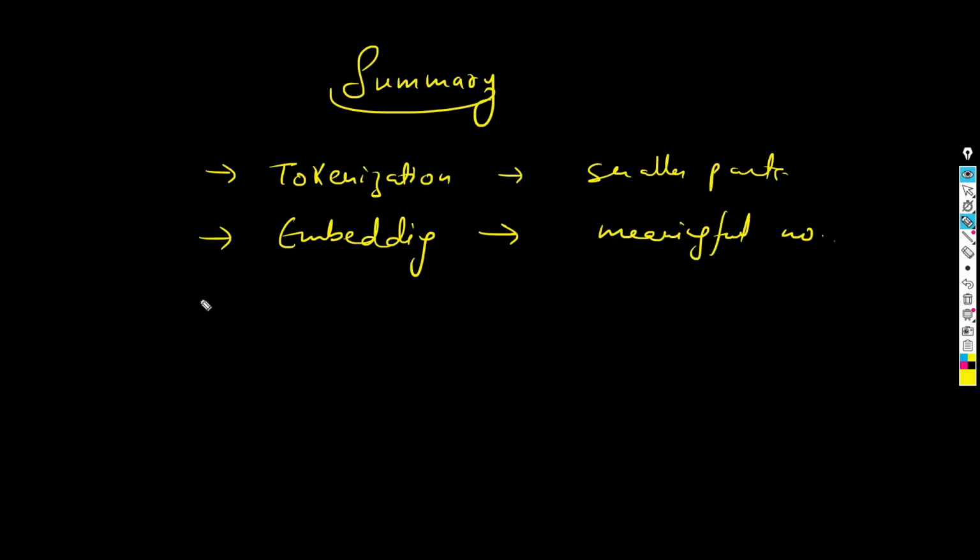Together, they allow machines to read, understand, and think about language in general. Without tokens and embeddings, AI would still be blind to our language. So friends, understanding tokens and embeddings is like learning the alphabet of AI. This is the foundation on which all the great models, be it GPT, Gemini, or BERT, are based.